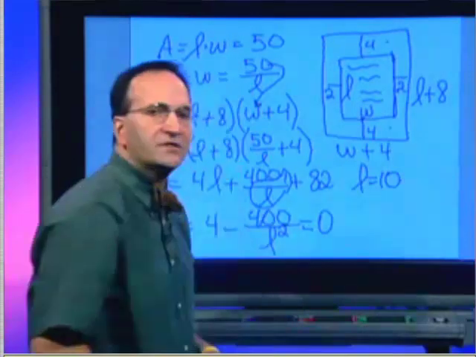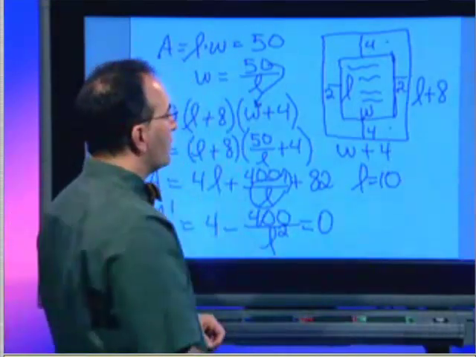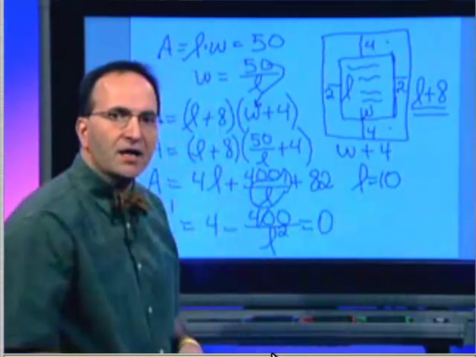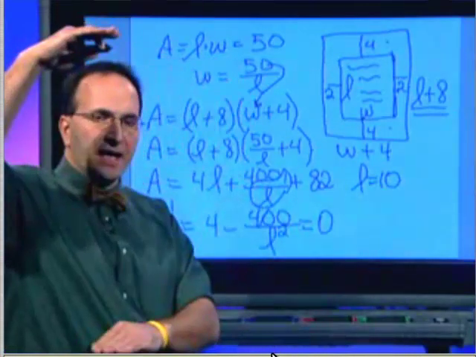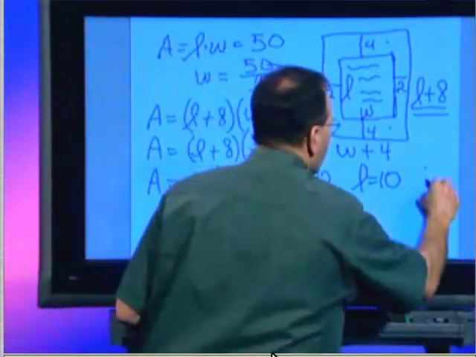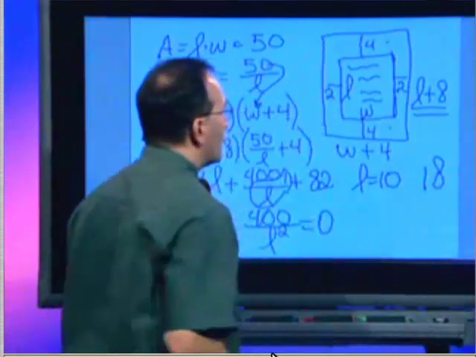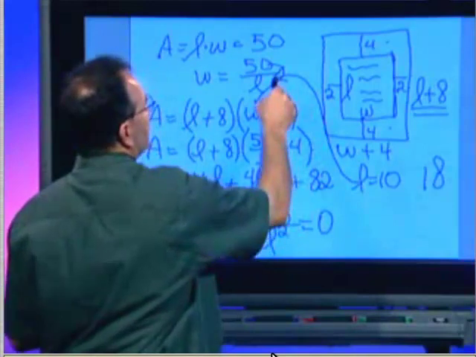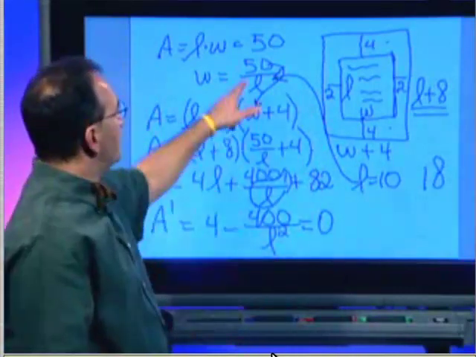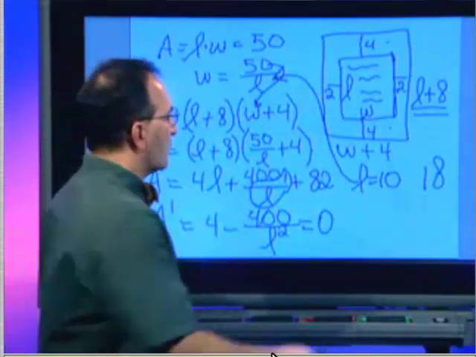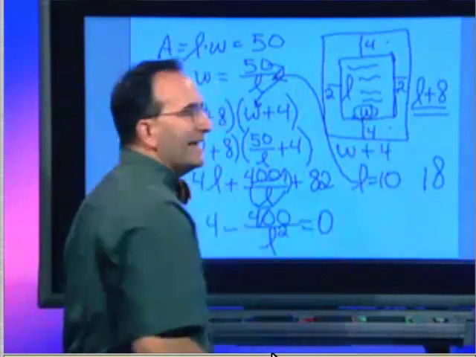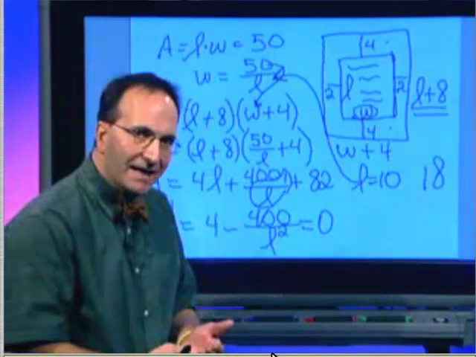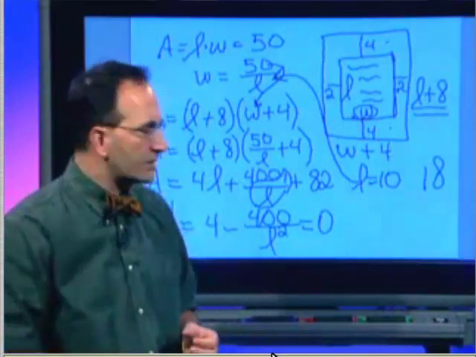Now, if L is equal to 10, we know that we actually have to add 8 to that. So the poster is going to be 18 inches tall. And now in terms of W, remember that W is equal to 50 divided by L, which means the width inside of the writing is 5. And that makes sense because 5 times 10, the length, would give us the 50 square inches of writing.